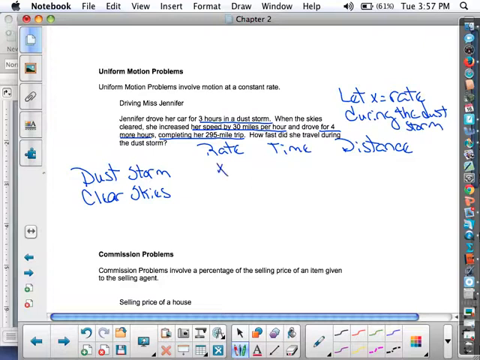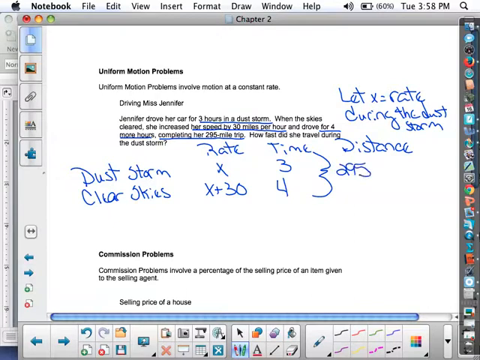And then her rate during clear skies was x plus 30, because she increased her speed by 30 miles per hour. She traveled for 3 hours in the dust storm, 4 hours after the skies cleared.